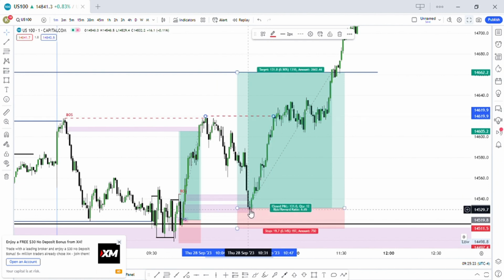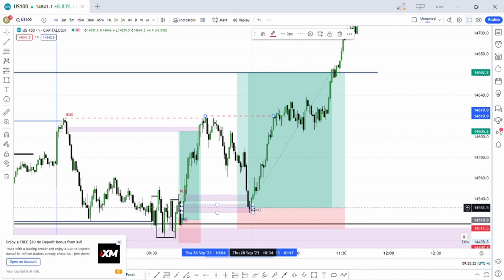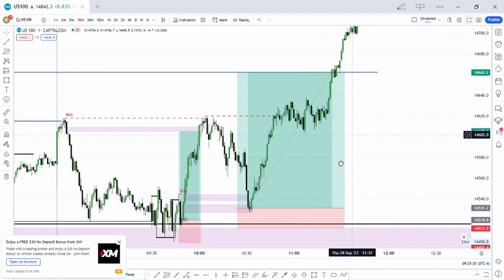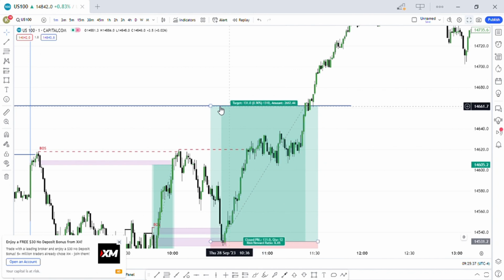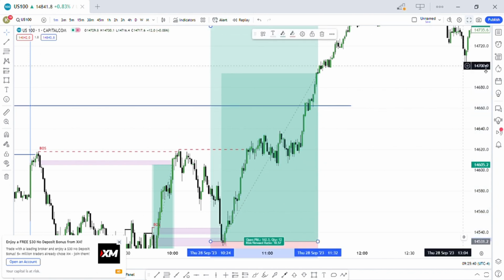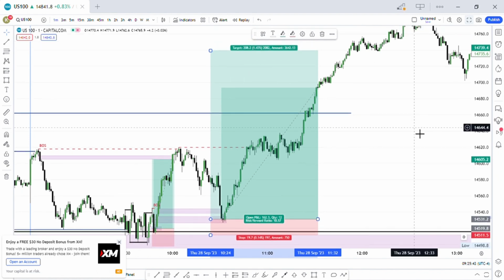So the market retraces back into here, then it buys. When it breaks this, I take my first partial and I move my stop loss to break even. Now whatever happens to the position, I know that I'm protected. Now I can move the take profit a little bit higher, depending on the 15 minutes buy side and sell side liquidity.